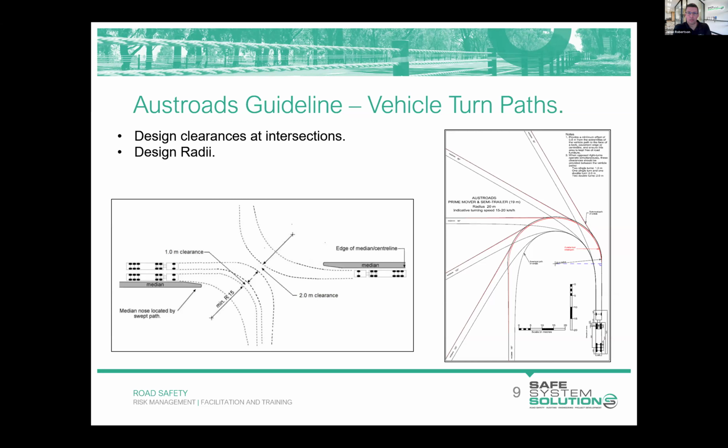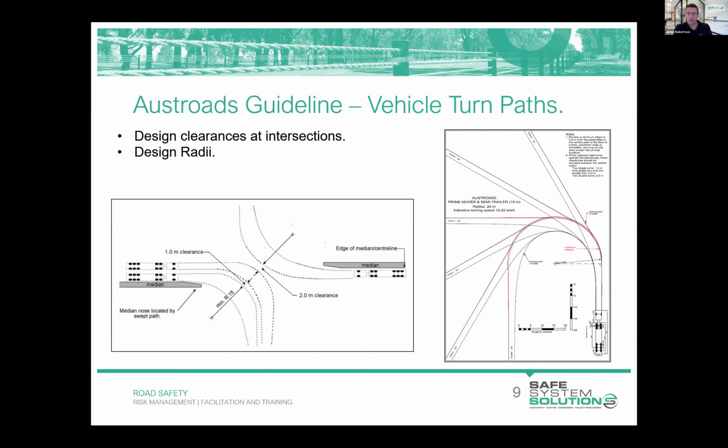It nominates radii to be used, turning speeds, and gives guidance on choices of design vehicles and checking vehicles for different contexts. So I encourage you to refer to that document. The snip on the left gives some requirements around clearances between concurrent turning vehicles and some radii there.